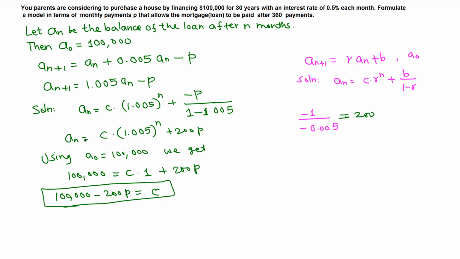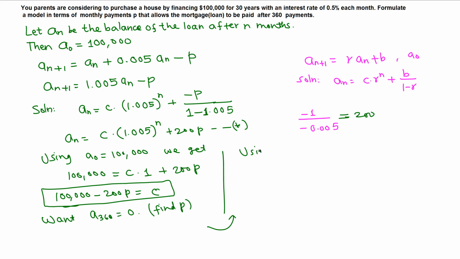Now this is the solution, by the way, where we have A_n equals C, which is very big here, times 1.005 raised to n plus 200P, and we want the mortgage to be paid after 360 payments. So after 360 payments, the balance should be 0. So we want A_360 equals 0, and we are trying to find P. Okay, so let's use the fact A_360 equals 0.